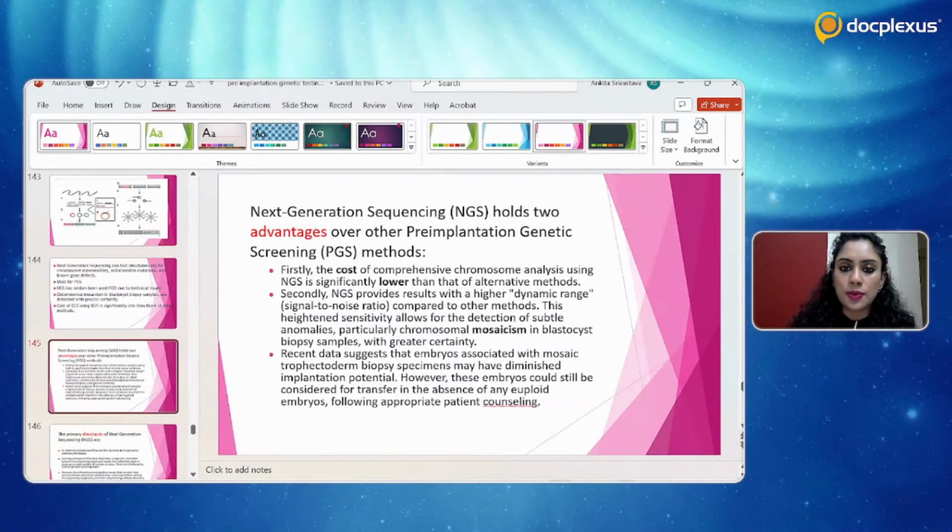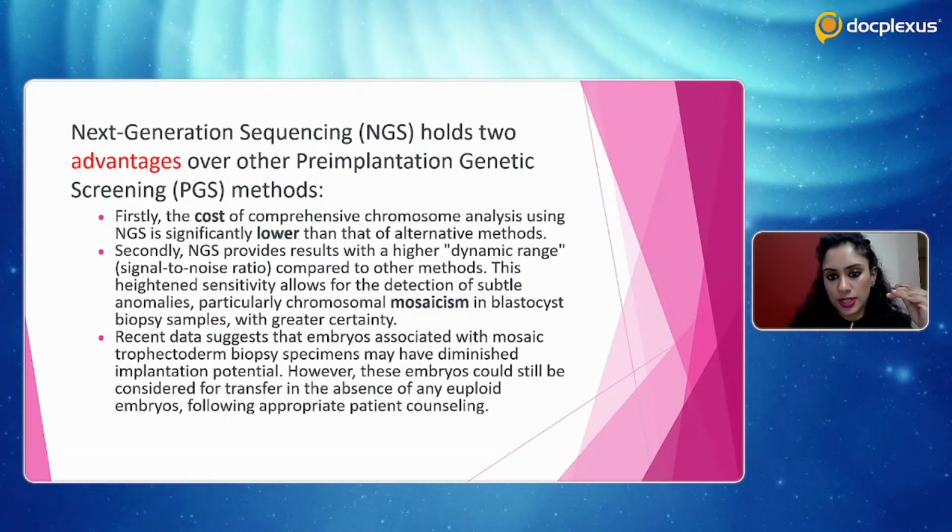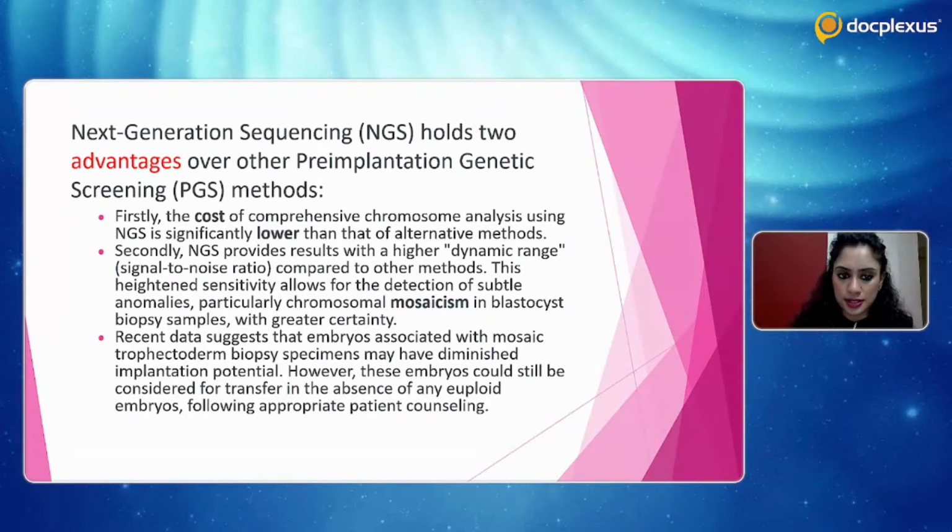Now, there are advantages over other pre-implantation genetic methods. The cost is lesser. Obviously, there is a higher dynamic range and signal to noise ratio compared to other methods. This sensitivity allows the detection of subtle anomalies, like the chromosomal mosaicism in blastocyst biopsy samples with greater certainty.